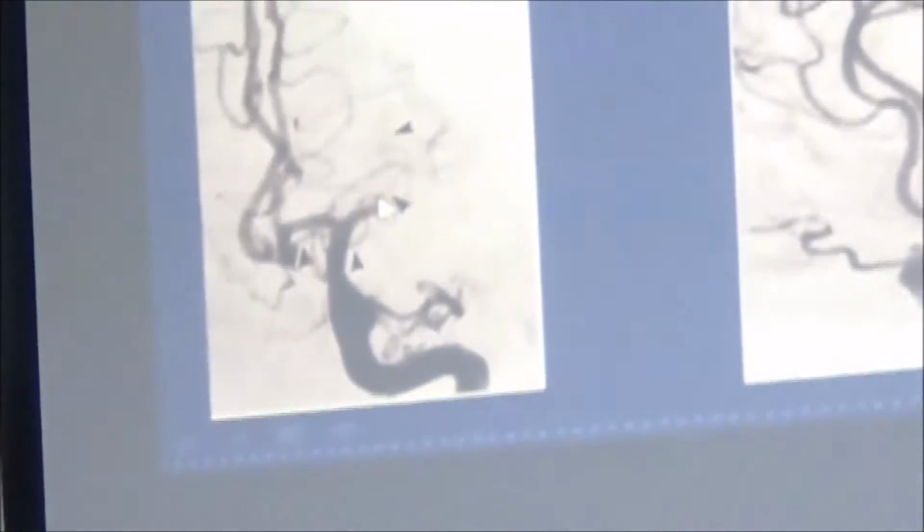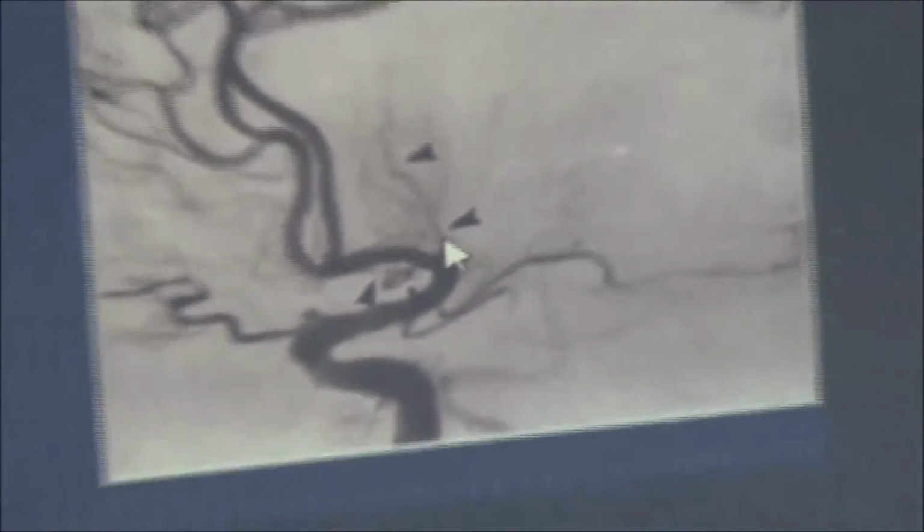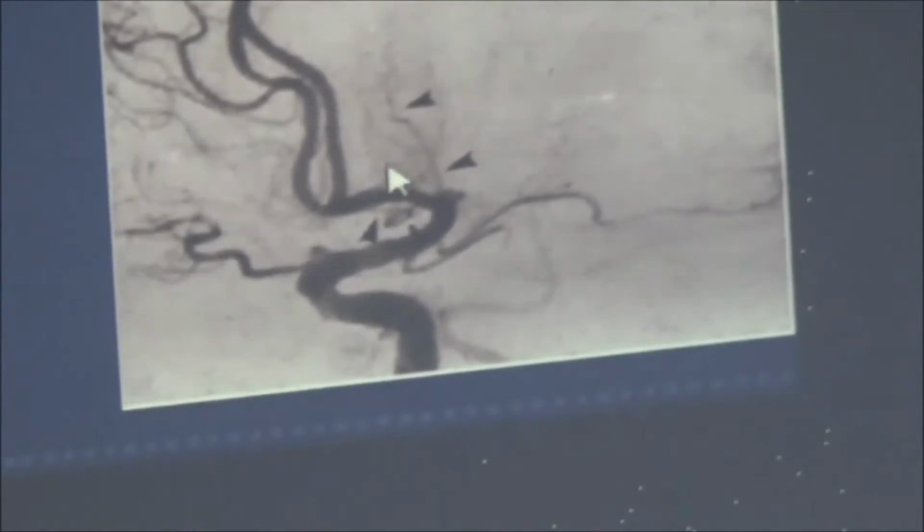So you see this is the anterior cerebral artery, and this is the middle cerebral artery, and there's a stop here, so there's an infarction. But what that helps us with is to see where Heubner comes out of the A1, A2 segment and is irrigating with the medial striate arteries.